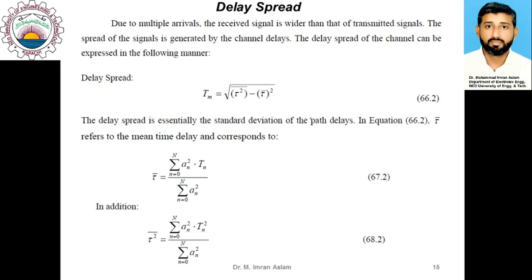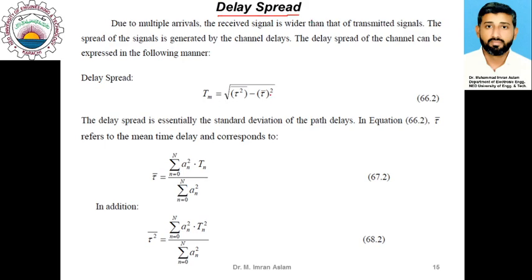As we have mentioned, the different components of the wave arrive from different paths, and they exhibit different delays when propagating through the environment. So how do we characterize those delays mathematically? What should be the parameter to represent delay? The parameter that we use is named delay spread.